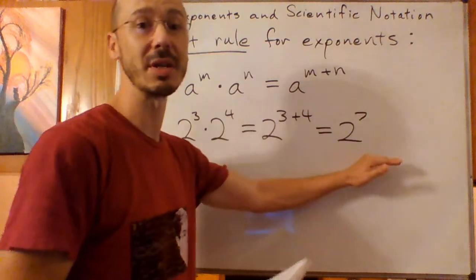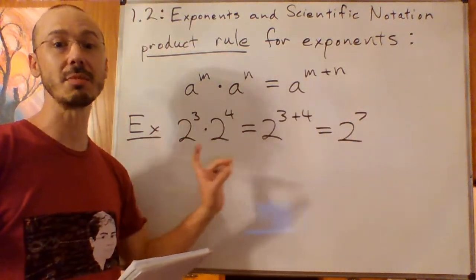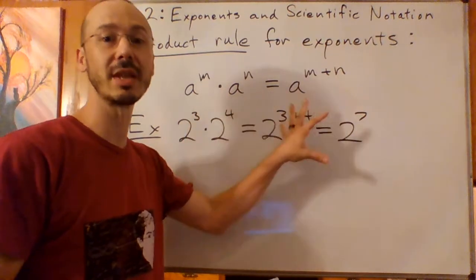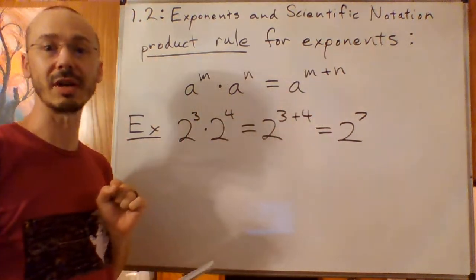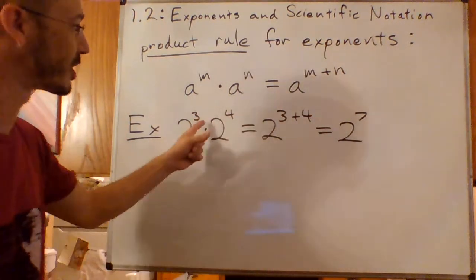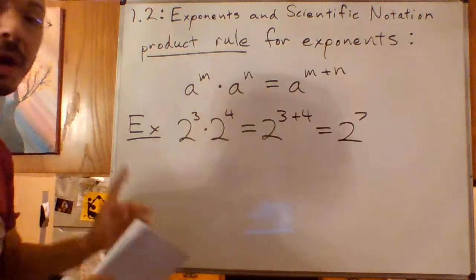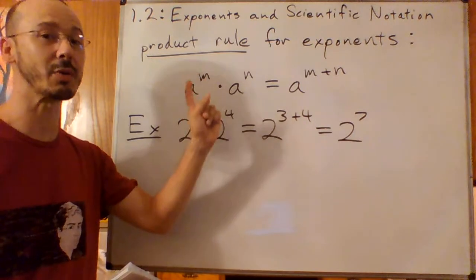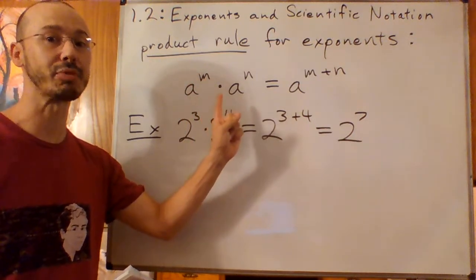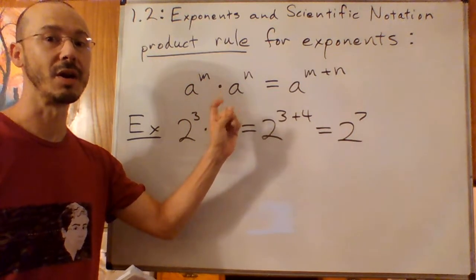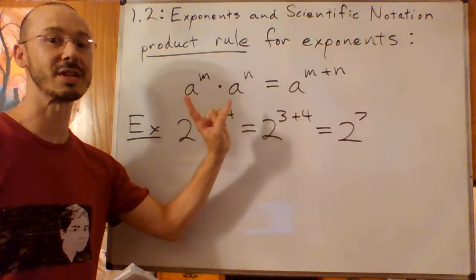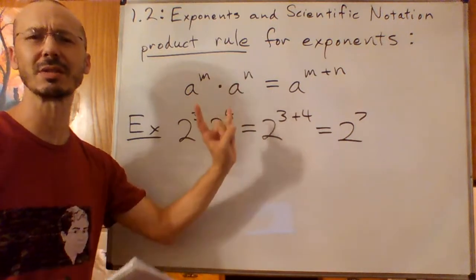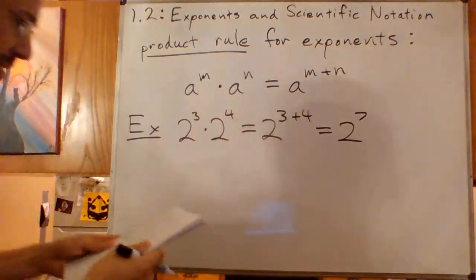Taking the extra step is good because sometimes this will be a larger expression, and just doing that can be difficult enough. We can also have variable exponents, but the only way the product rule works is when we're taking a product of two exponential expressions with the same base. The exponents can be the same or different, doesn't matter, but it's the same base that makes this work.